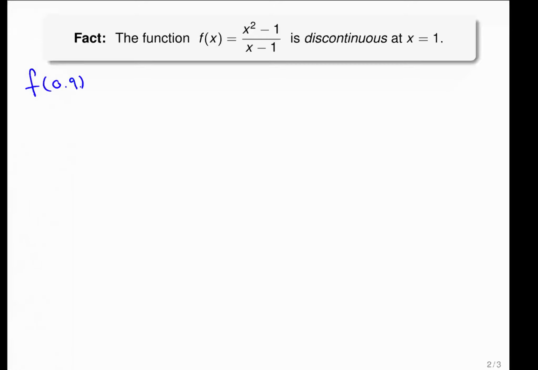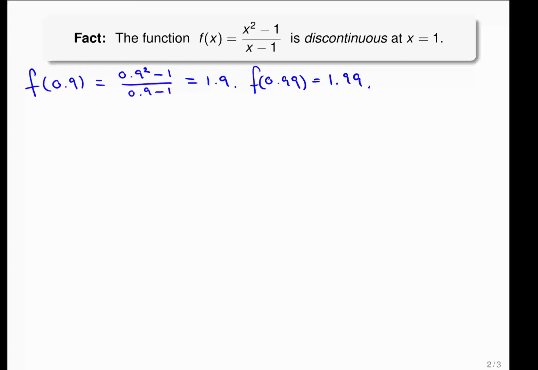Substituting it into our function, and then evaluating in your calculator, you'll discover that the y value is 1.9. Now, edging even closer to x equals 1, by picking x to be 0.99, you can check that the y value is 1.99.